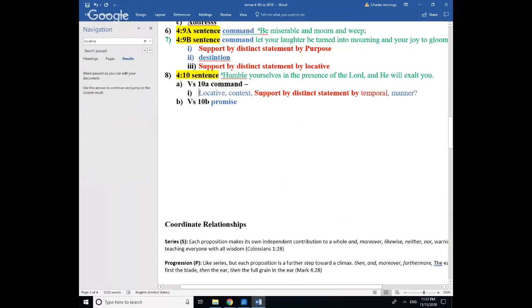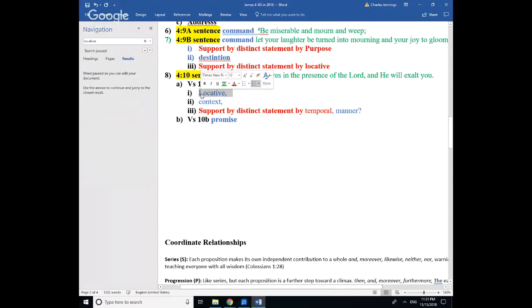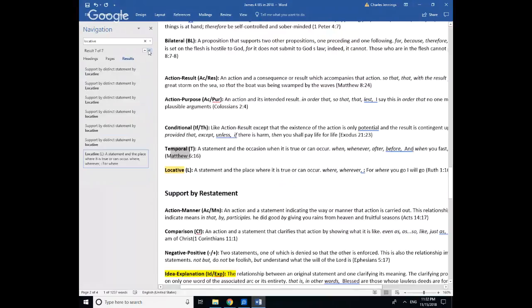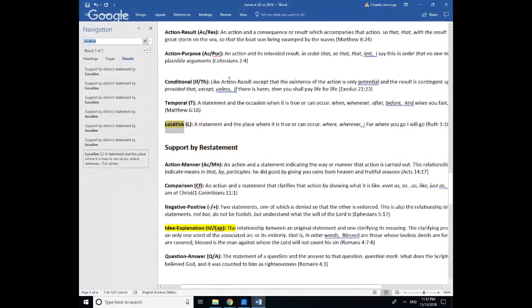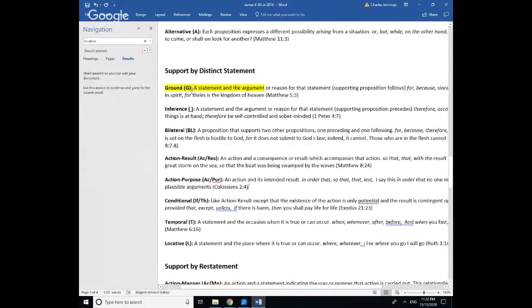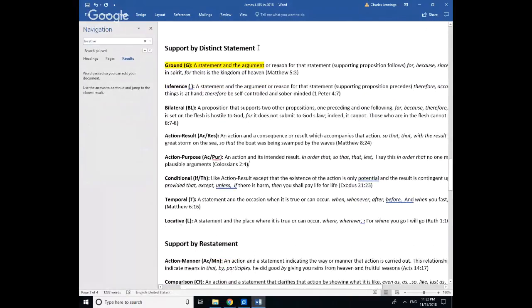Okay, so that's that. All right, so that's all the locatives. So let's do manner. Because now look, they're saying that ground, inference, bilateral, result, purpose, condition, temporal, locative all give a distinct statement.